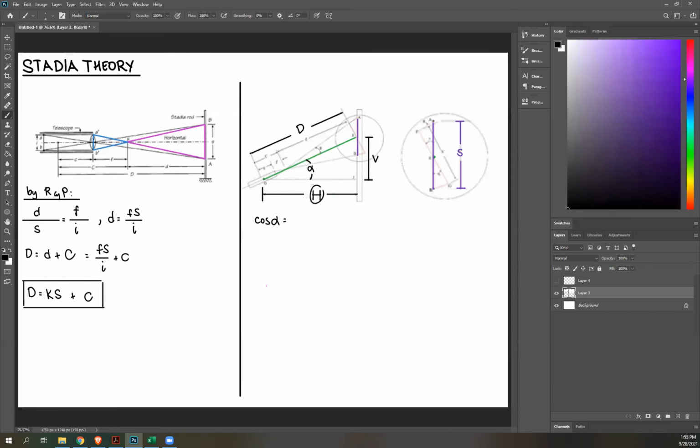Adjacent is this base, which is H. Hypotenuse is this, which is your D. H over D. And then we can rewrite D as C. So this length is C, and then this is F, and then this is your D.